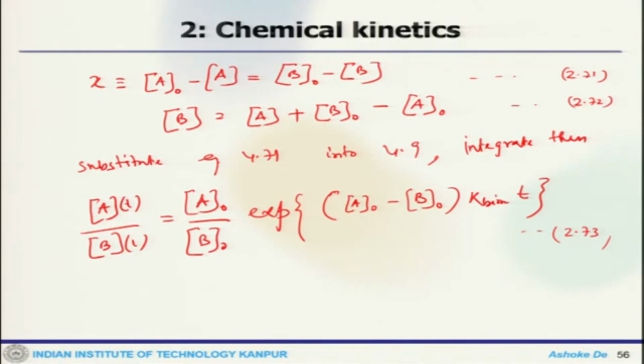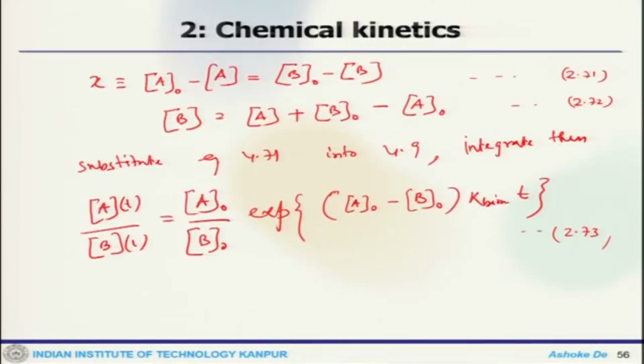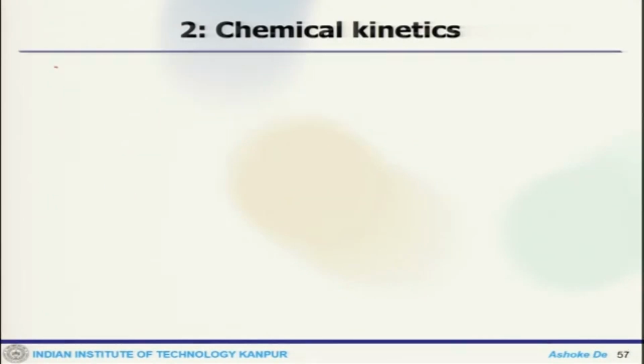Now, again we do the same thing. Now we got 2.72 and 2.73. Now we substitute 2.72 into 2.73.